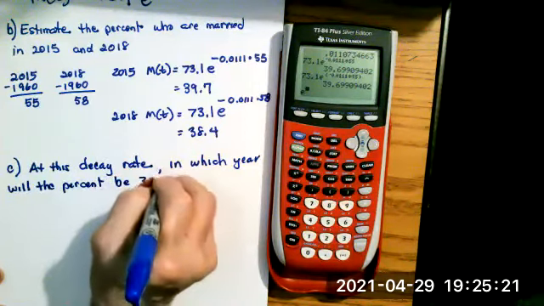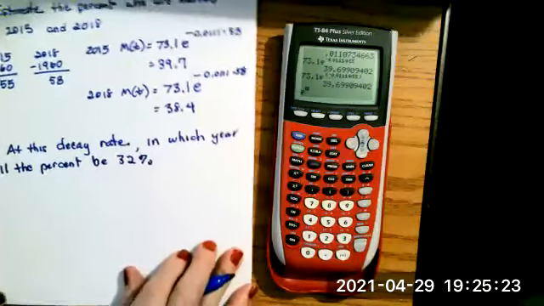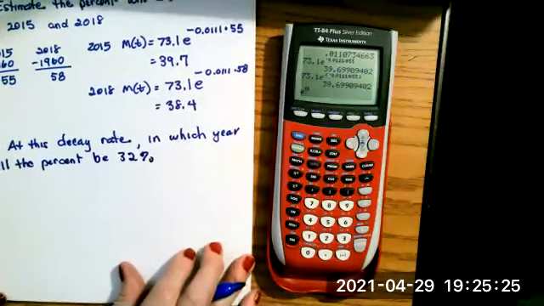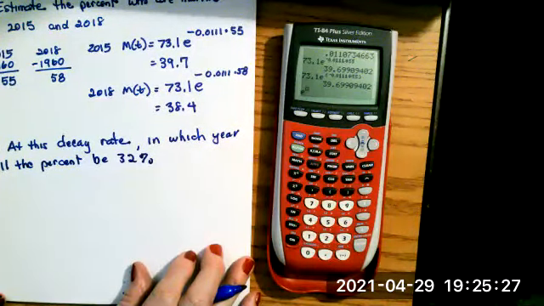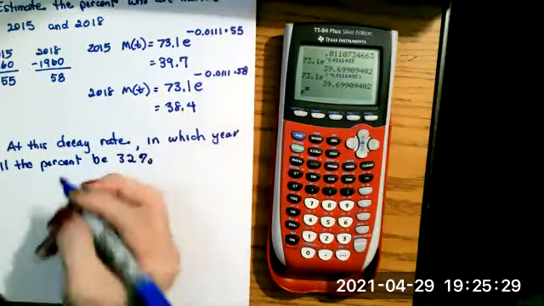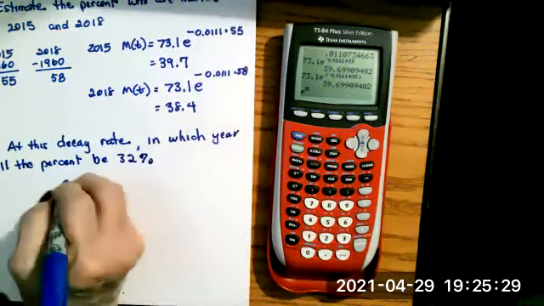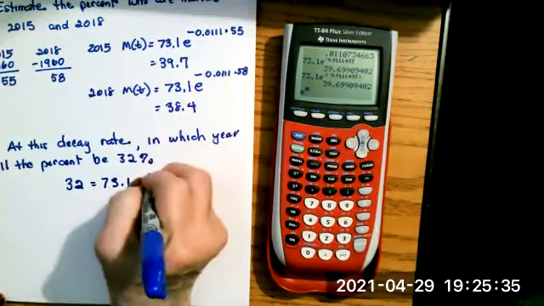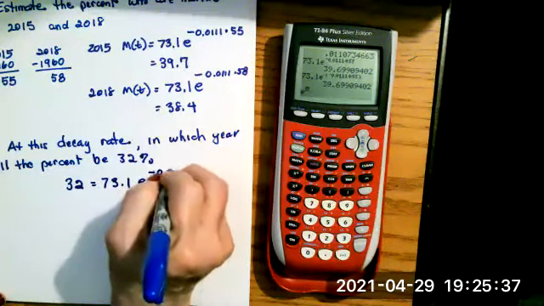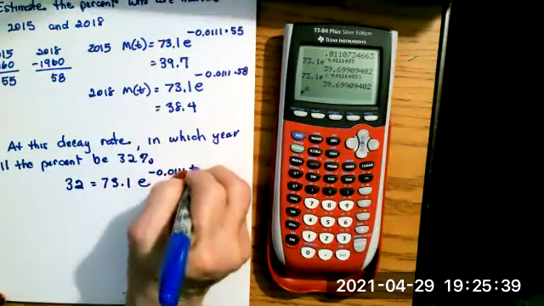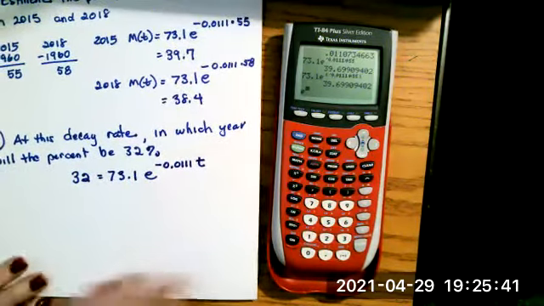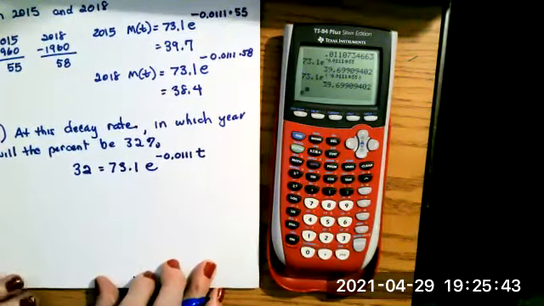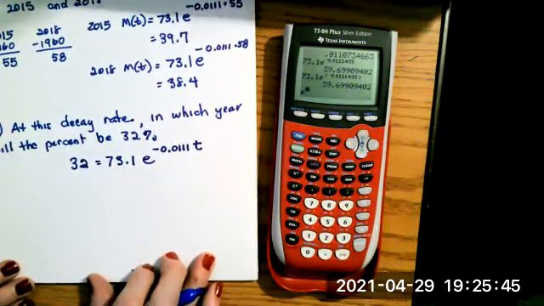All right. The C part of this one is, when will the percent of adults be 32%? So you're going to put your 32 over here, and your 73.1 e to the negative 0.0111 t. The t is what you're going to find, because you're finding when it's going to be 32.